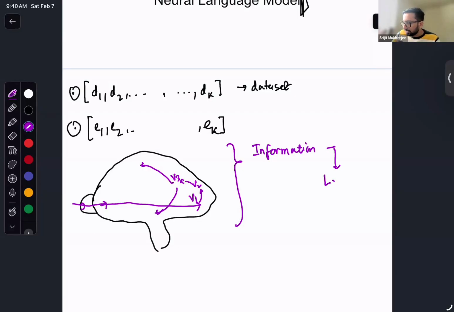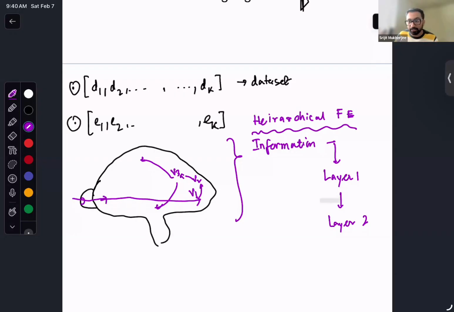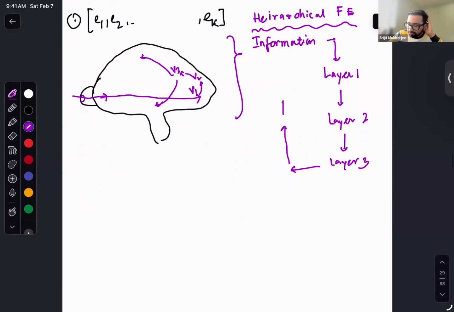Layer 1, layer 2 is used with the output. It's called hierarchical feature extraction. This is how neural networks work. This is very important again. And then layer 2 and it keeps on going. Layer 3 and then whatever is the final output.